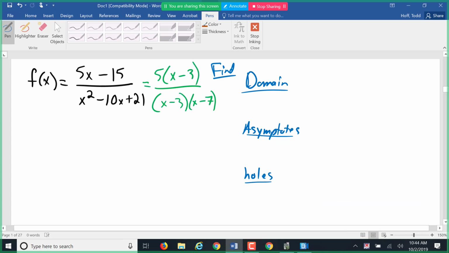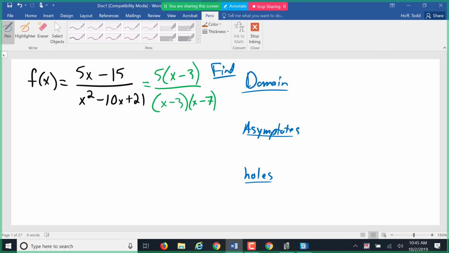So again, let's take a look and see how you've done on this so far. The key again is factoring. So we factor the numerator. 5x minus 15 is just 5 times x minus 3. And then factor the denominator, that x squared minus 10x plus 21 becomes x minus 3 times x minus 7.